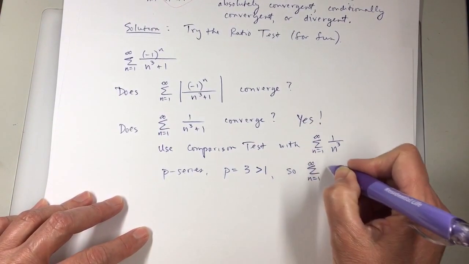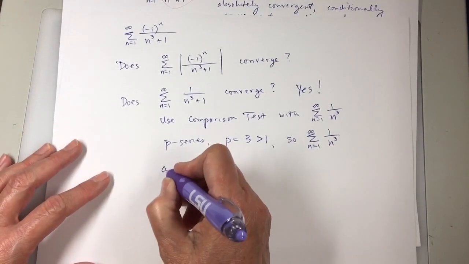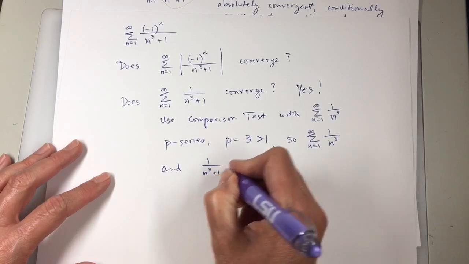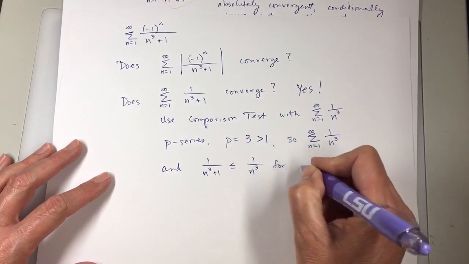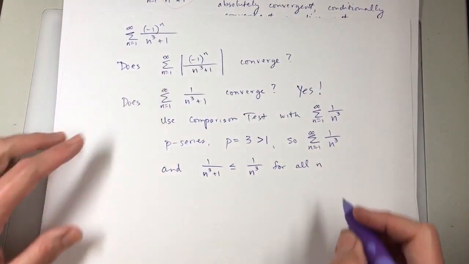Do you have that inequality we need for the comparison test? Yes. 1 over n cubed plus 1 is less than or equal to 1 over n cubed for all n, and n started at 1.